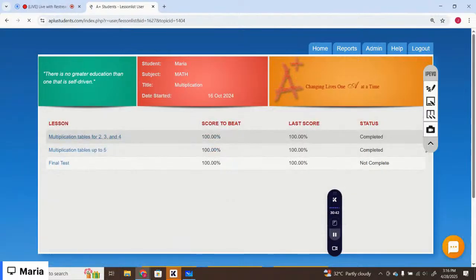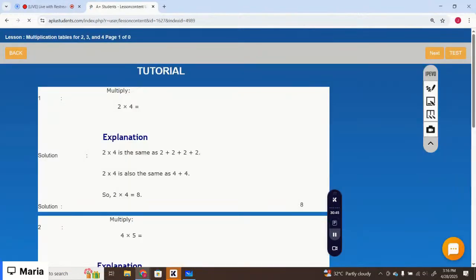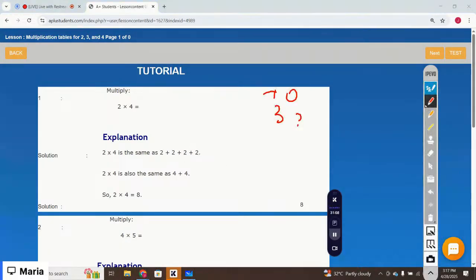Multiplication tables for 2, 3, and 4. 2 times 4. So you need to add 2 4 times or 4 2 times. That is exactly same as multiplication.